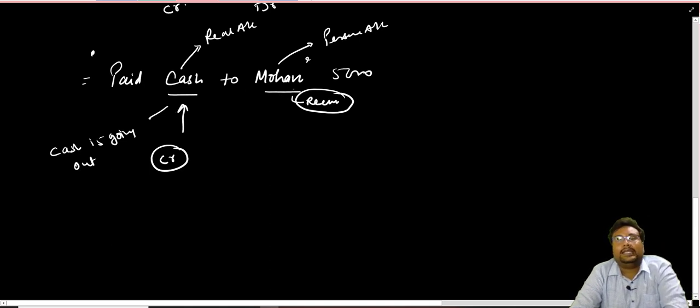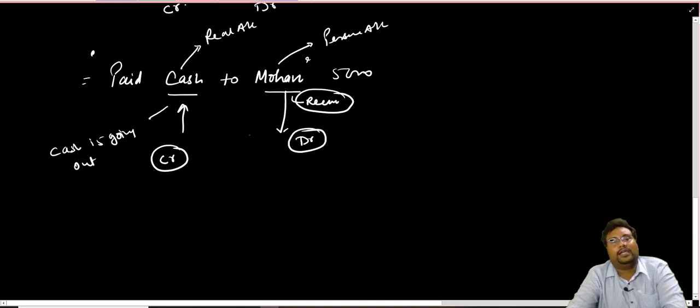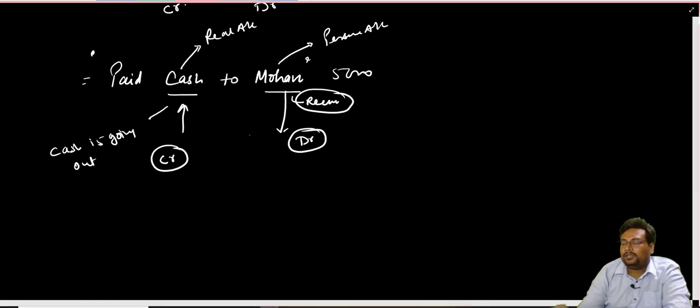The personal account rule is what? Debit the receiver, credit the giver. Mohan is receiving the cash, so Mohan will be debit. So who will be debit? Mohan. And what will be credit? Cash.